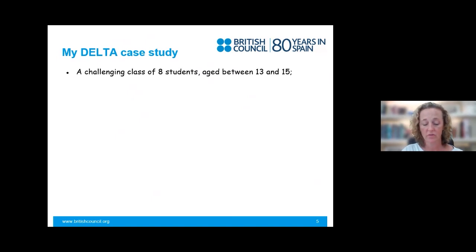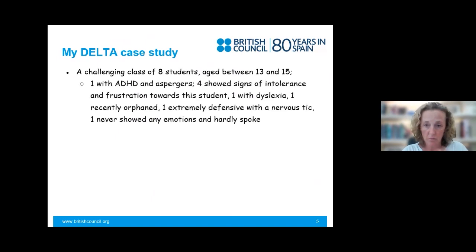And I was finding that they weren't really producing anything, they weren't participating. It was the typical teenage worries about image, about looking silly in front of their classmates. And on top of this, the usual teenage angst, this was the profile of the class. So it was quite exceptional, I have to say. I've never had a class like it since.